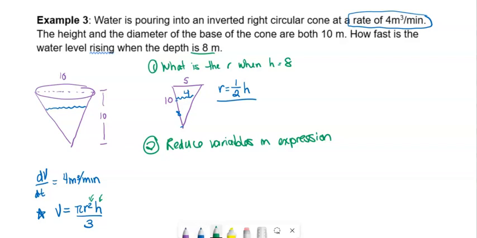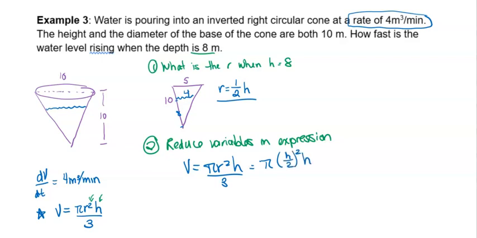My original expression said volume equals pi r squared times h, divided by 3, but I don't want all of those different variables. I want to replace radius with my expression in terms of h. So pi times h over 2 squared times h over 3.